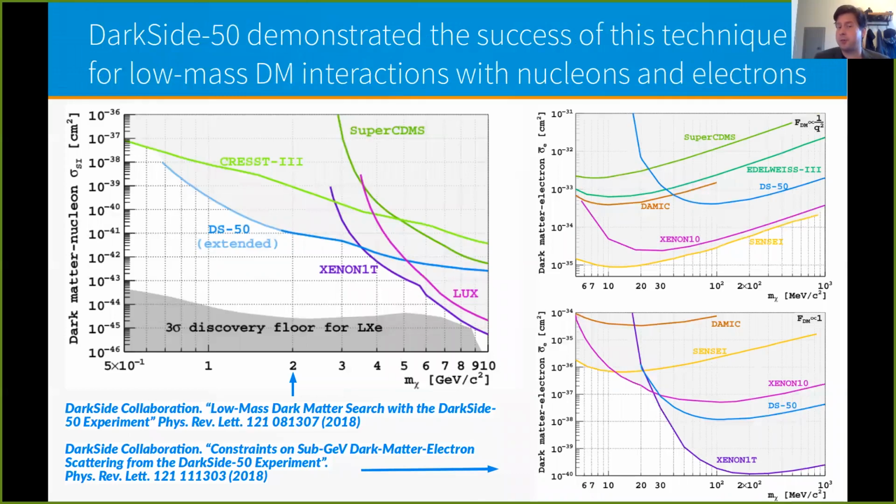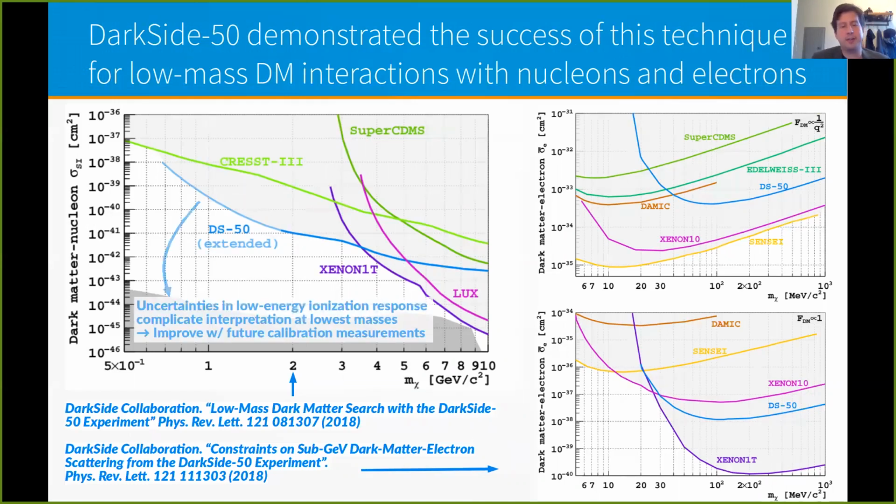However, by doing an S2-only analysis, DarkSide 50 was able to perform very sensitive searches for low mass WIMPs scattering on nuclei and sub-GeV dark matter coupling to electrons. However, for these nuclear scatters, there's an additional complication that arises below 2 GeV WIMP masses due to significant uncertainties in the response of liquid argon to low energy nuclear recoils. I'll discuss this more a bit later, but I'll say for now that we're planning a set of future calibration measurements to help address these questions so we don't have to wonder about them in the future.